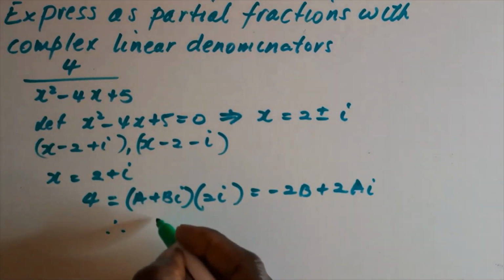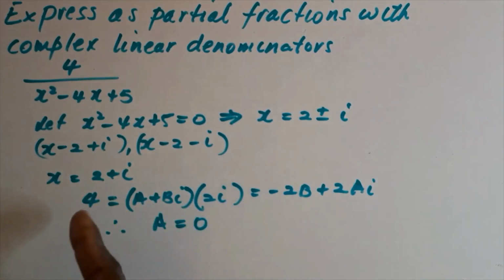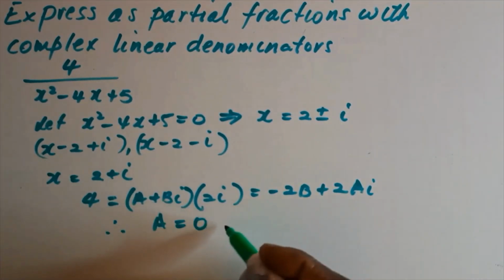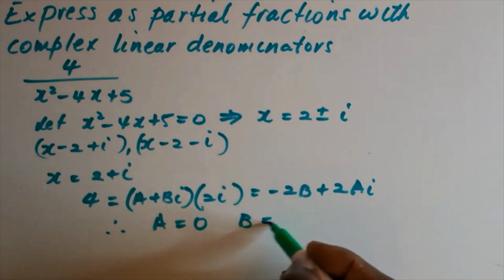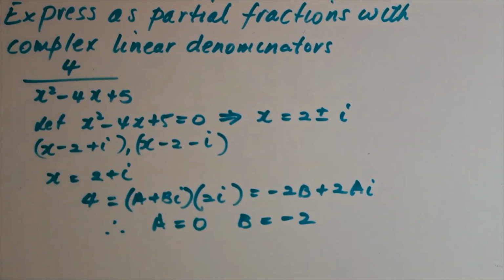Therefore we have that a is equal to 0, since we have no imaginary parts on the left. b is equal to negative 2, because minus 2b is equal to 4. Therefore b must be negative 2.